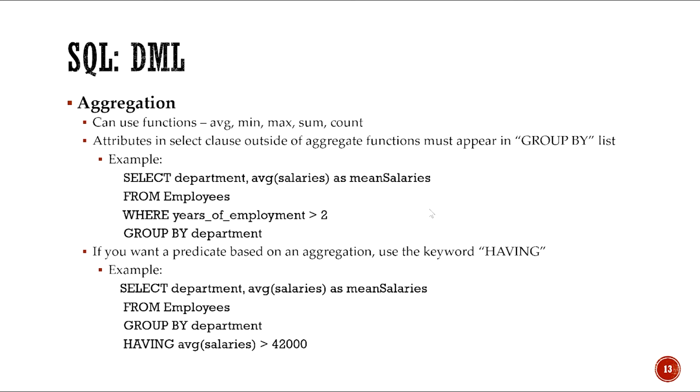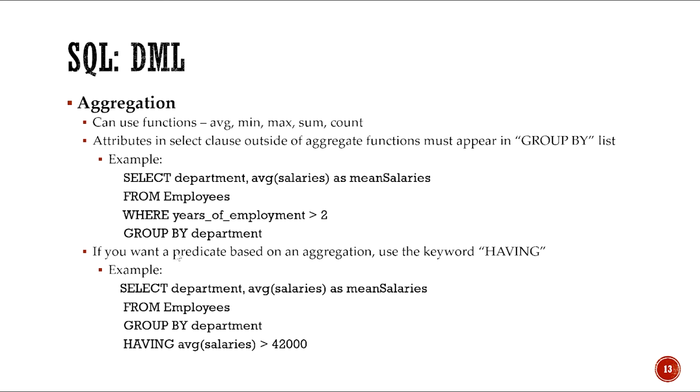SQL has built-in mathematical functions as well, which allow us to perform mathematical operations on the data. Common functions include sum, average, mean, max, and count. So here is an example. We still see select from where, and then we see a new keyword, group by. To allow SQL to correctly calculate what we want, we need to use the group by keyword.